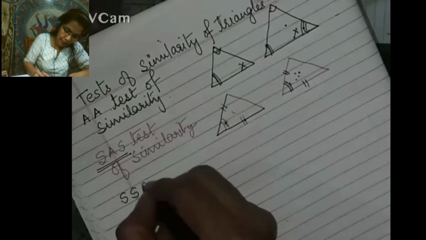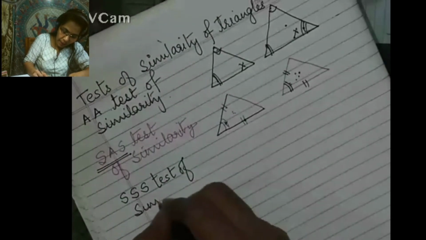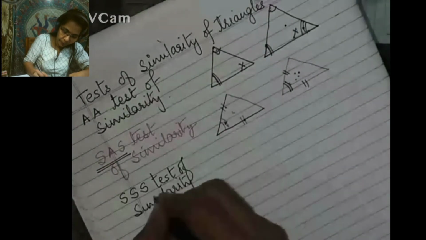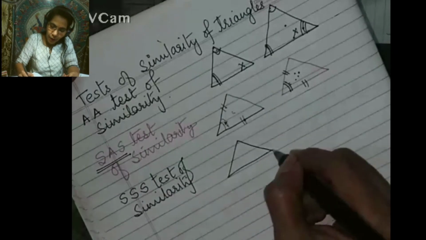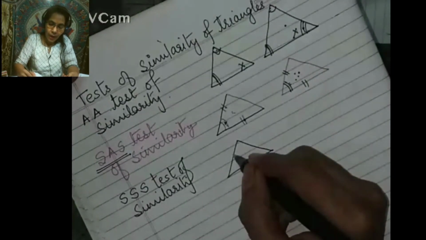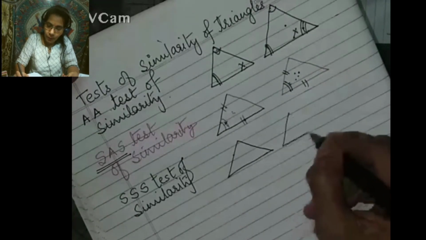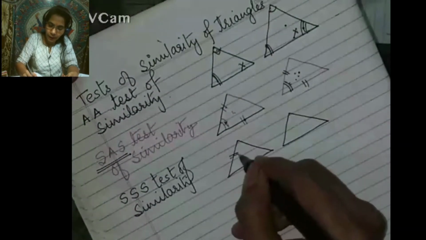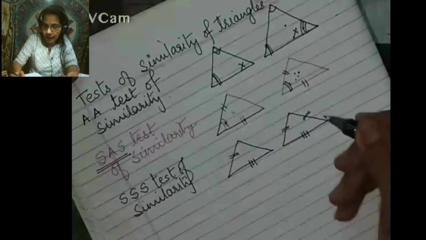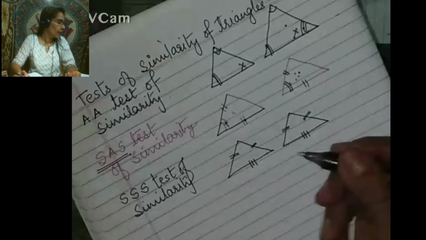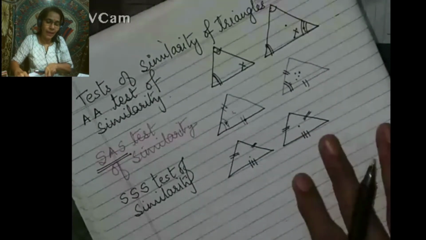Next, SSS test of similarity. In this case, all the three sides of one triangle are equal or congruent to the corresponding three sides of the other triangle. Then it is said to be SSS test of similarity.